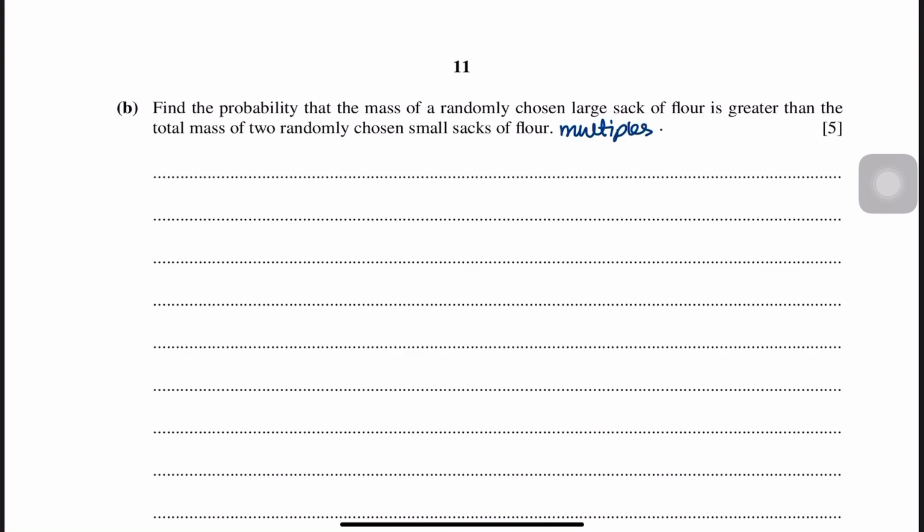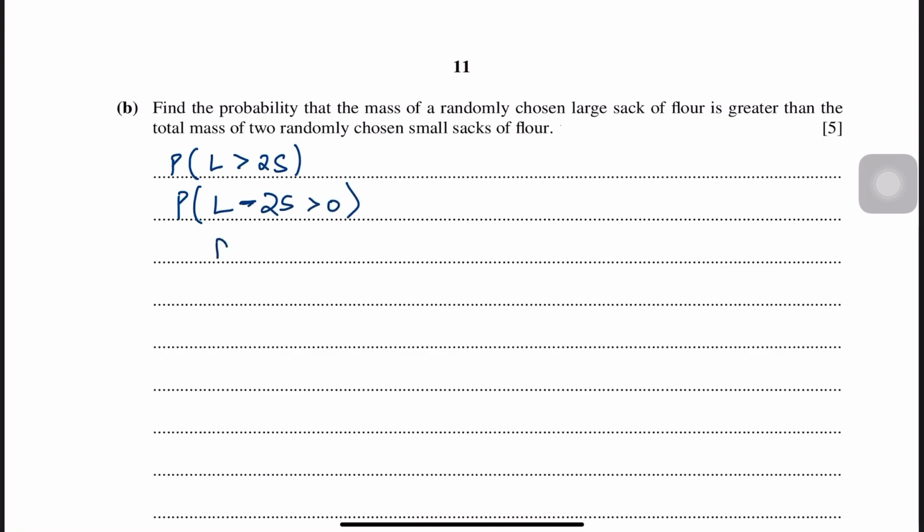Again, I'm asking you to calculate the probability that one large is greater than 2, no sorry, this question is not about multiples again. Okay, is greater than the mass of 2 randomly chosen packs of small. So L minus 2S. This question is about differences.